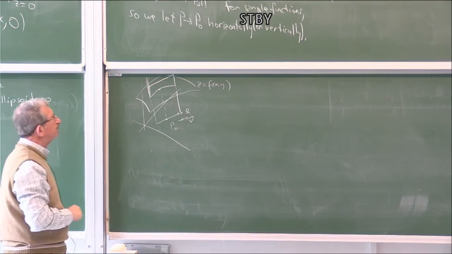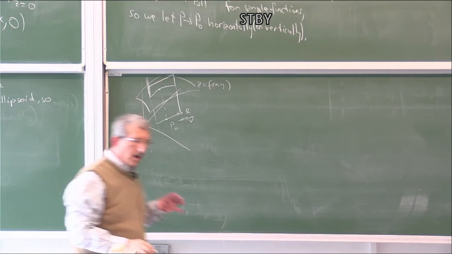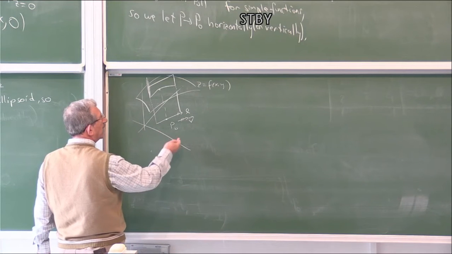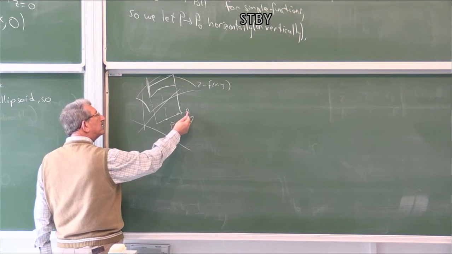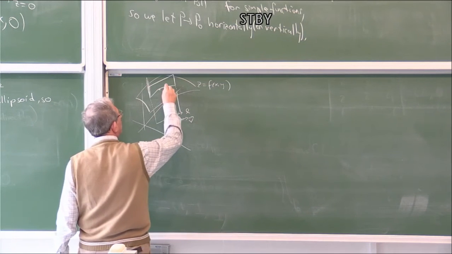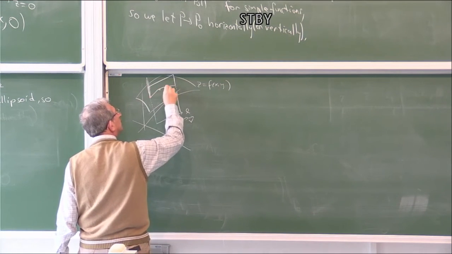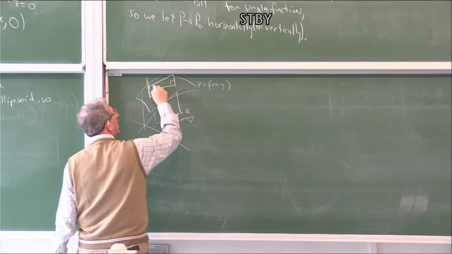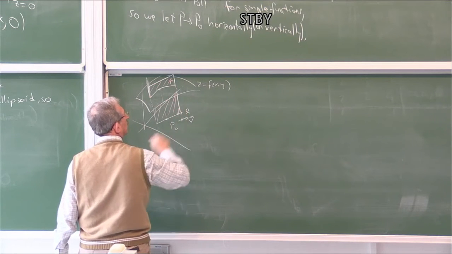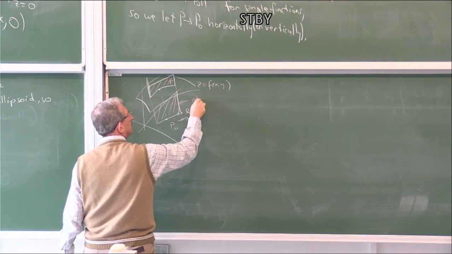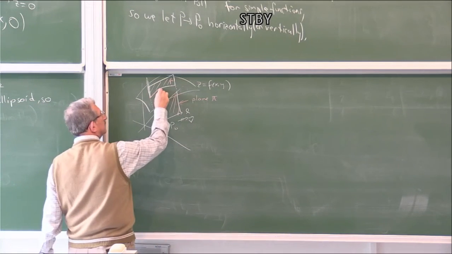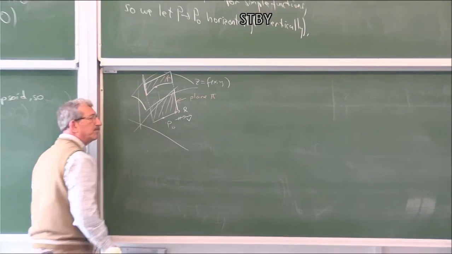Let me use some color, it will be clearer. I'm looking at what happens on top of this line L vertically. So I have a curve here, gamma, and a plane, say plane pi. This is what happens on top of p0.